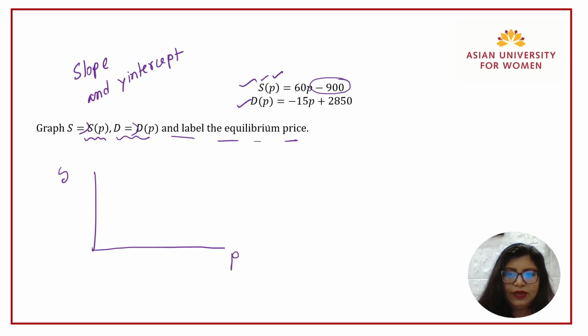When it says minus 900, that means we need to go in the negative direction of y. So when p is equal to 0, then s is equal to minus 900. Let's say this is minus 900.